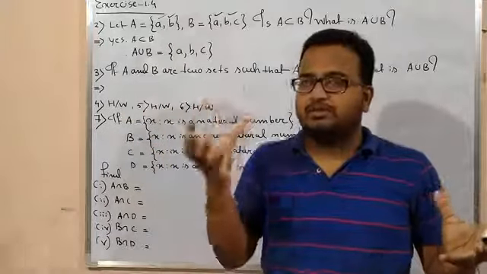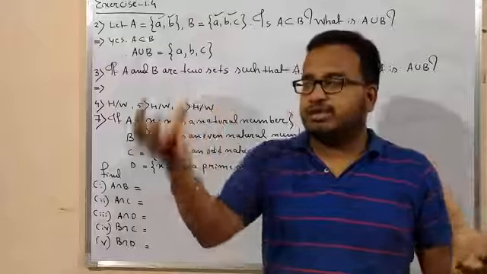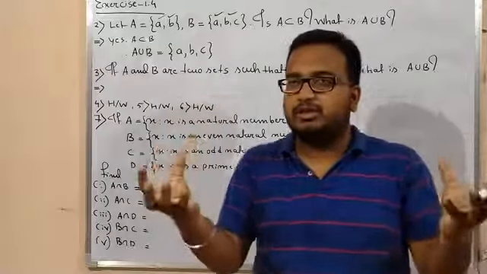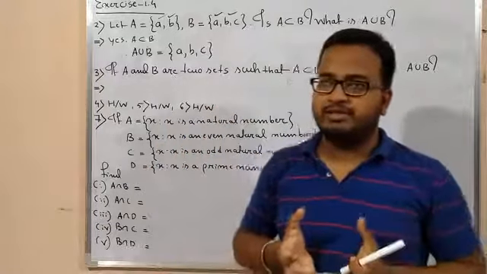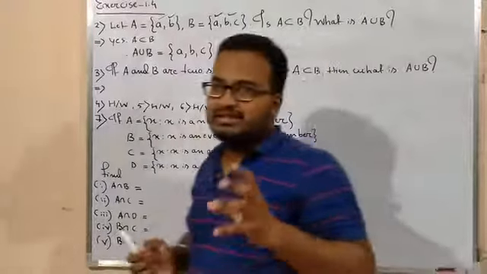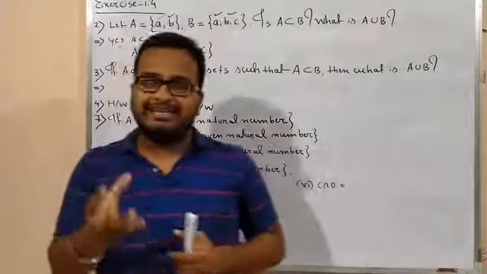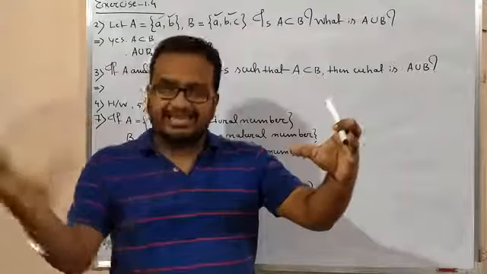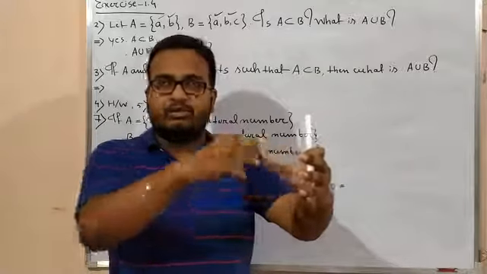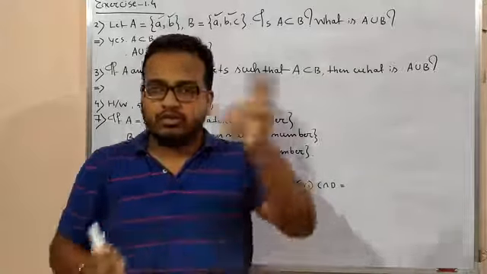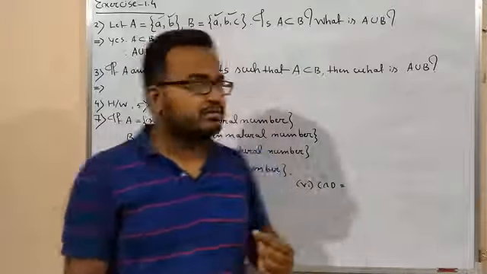If you take the union of your classroom and the college, the union will be the whole college, isn't it? So the hint is that one set is entirely contained in another set. Then the union of both sets is the bigger set.